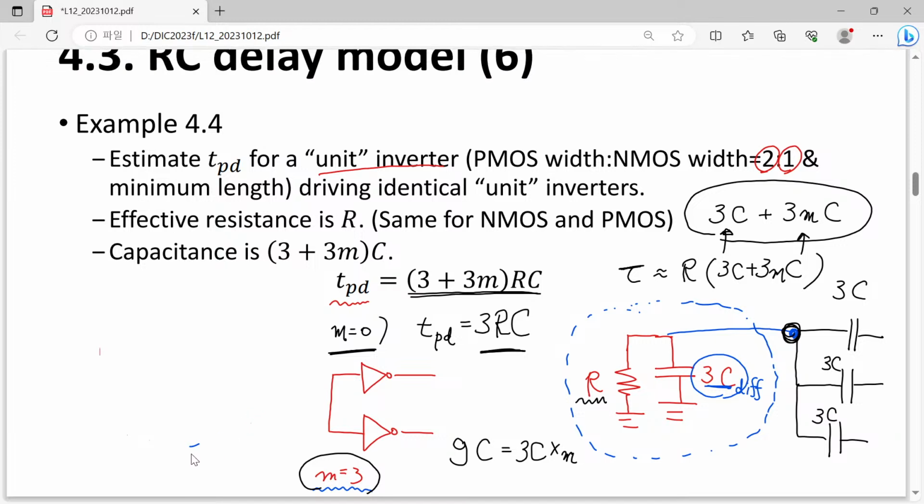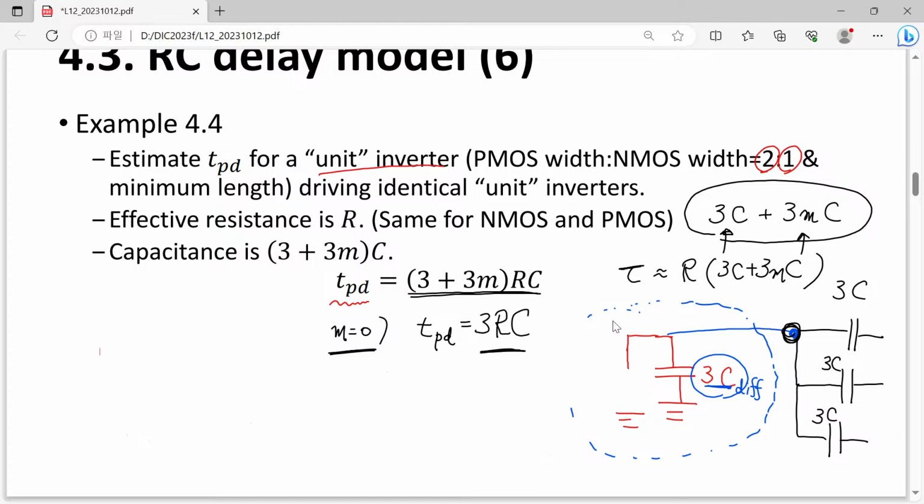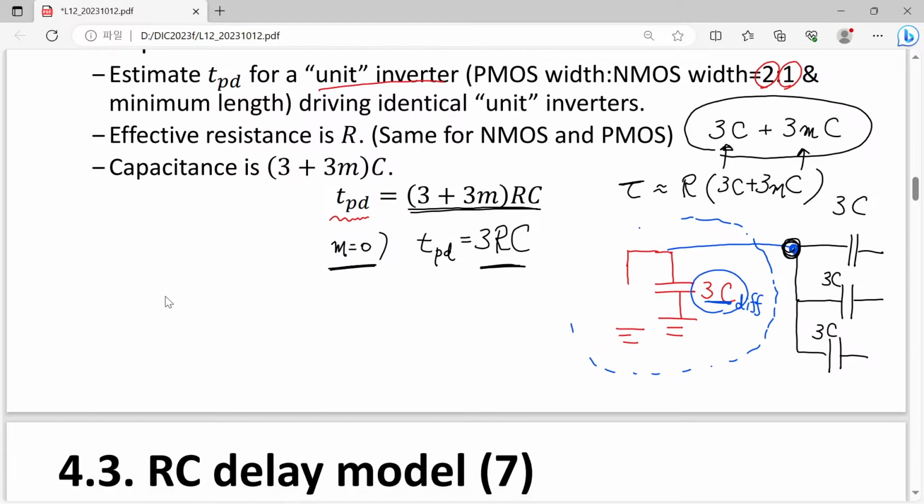So we will use this number, the time constant of unloaded inverter, as a minimum time scale or reference of a time scale. For example, if we have a certain time t, then that will be just normalized by 3 times RC.